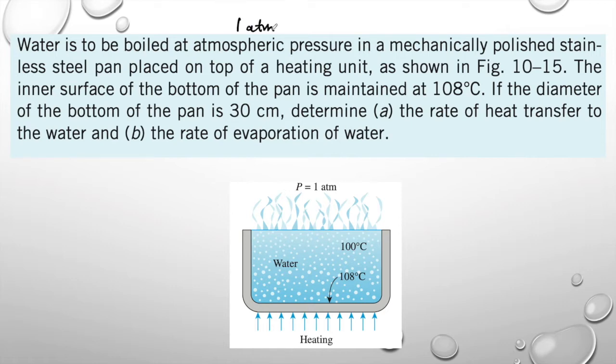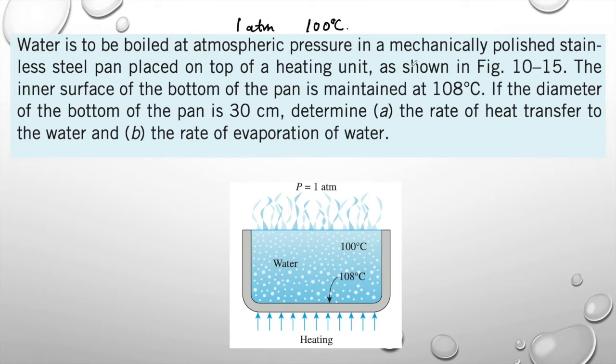As we can see in the appendix, table E9, at the atmospheric pressure of 1 atm, the saturation temperature is 100 degrees Celsius. So the water temperature is 100 degrees Celsius. The pan is a mechanically polished stainless steel pan.